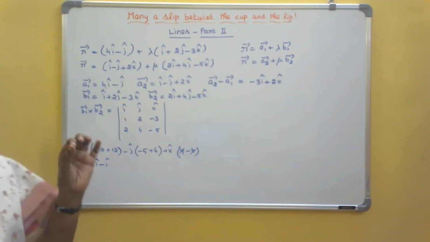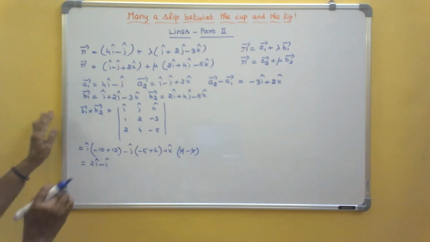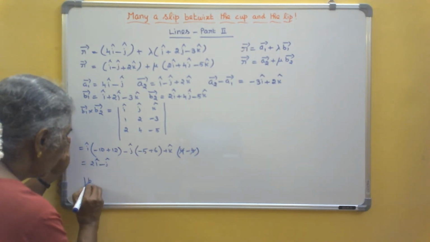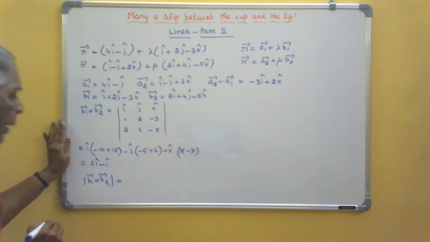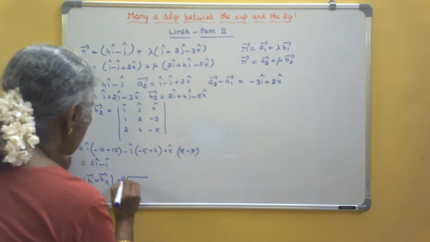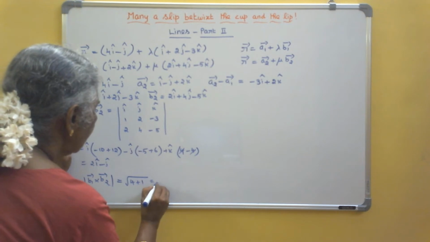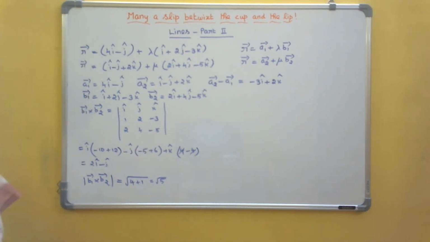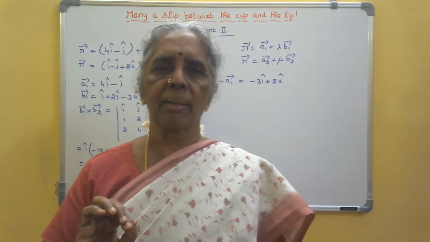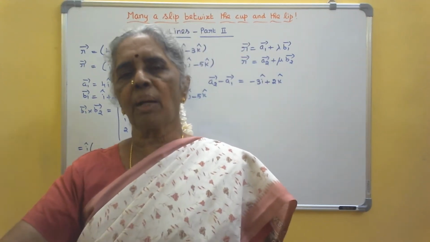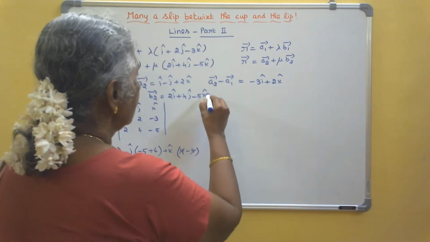Once I find B1 vector cross B2 vector, let me find out mod of B1 vector cross B2 vector. Okay, so I will be getting root of 2 square is 4 plus 1, I will be getting root 5. What else you need? You want B1 vector cross B2 vector dot A2 vector minus A1 vector. So let us find it out now.